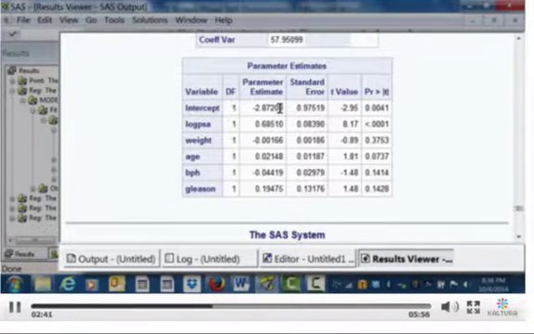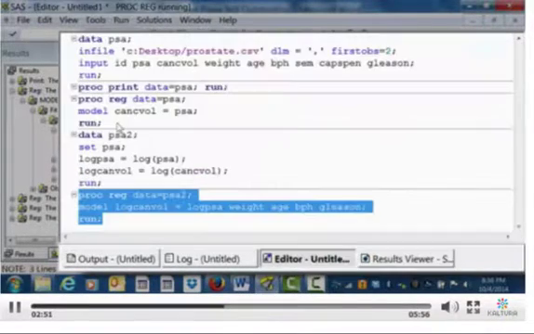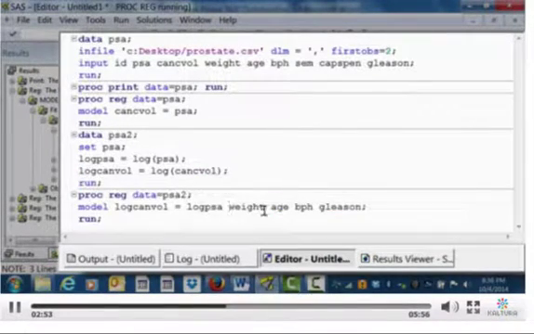Also, we have to remember that when I interpret these coefficients, I have to interpret them in the fact that these other ones are in the model. These values will change if I take one out of the model. So let's go ahead and do that. Let's take weight out of the model just to see how things change.